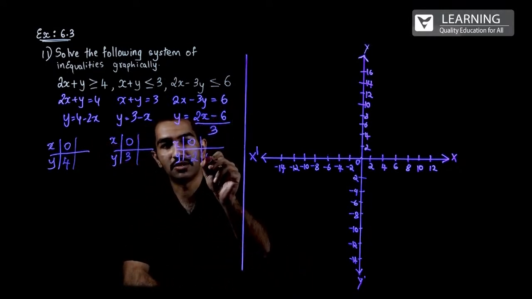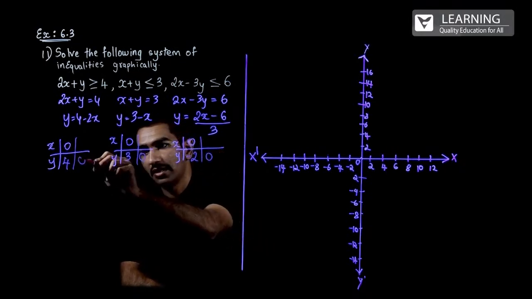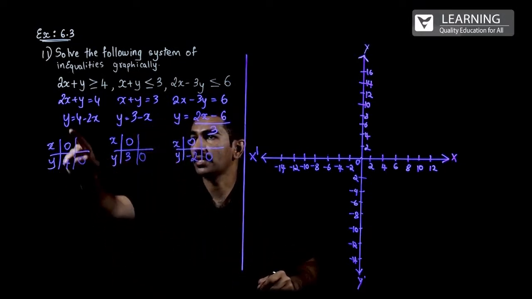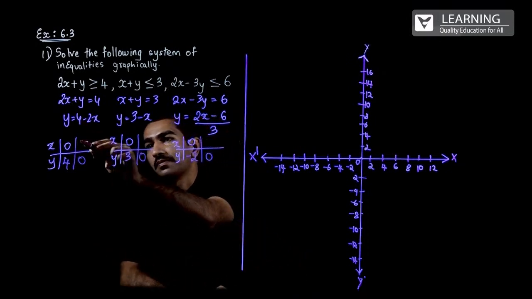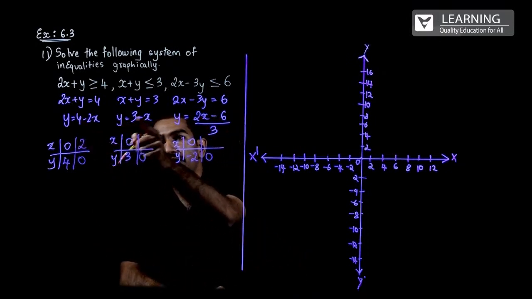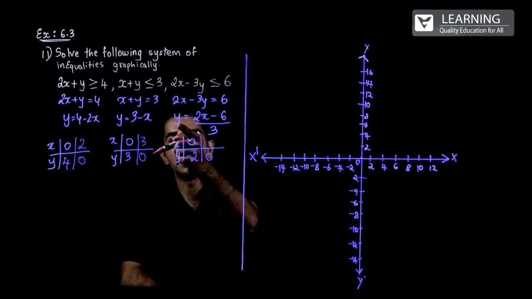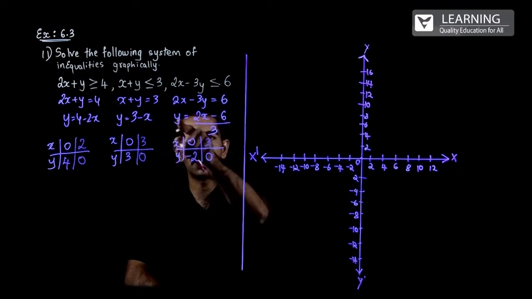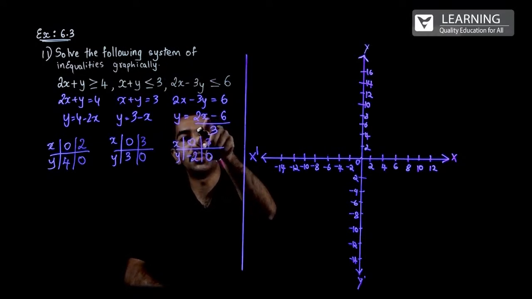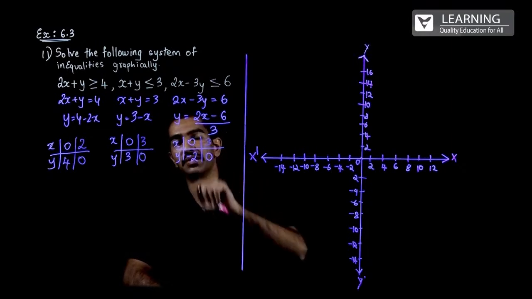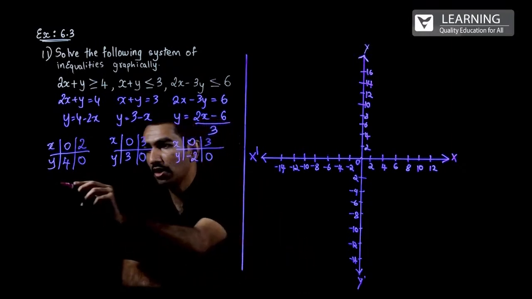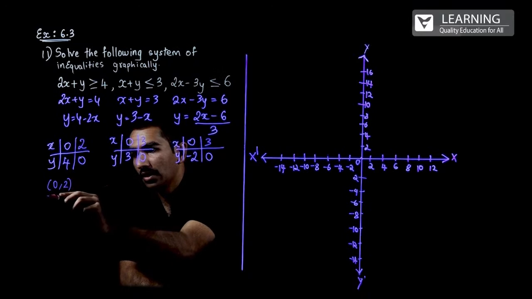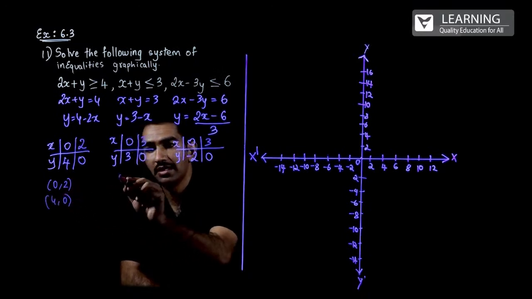Put y is equal to 0 in each. Now what is x? If you put y is equal to 0, x will be equal to 2. If you put y is equal to 0, x will be equal to 3. If you put y is equal to 0, x will be equal to 3 again. So if this is 0, cross multiplication, send this on this side, it will become 6 is equal to 2x, 2 threes are 6, so x will be equal to 3. So what are the coordinates we got here? 0, 4 and 2, 0. Same thing, 0, 3 and 3, 0.